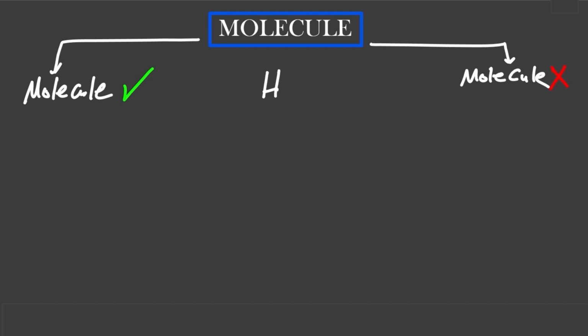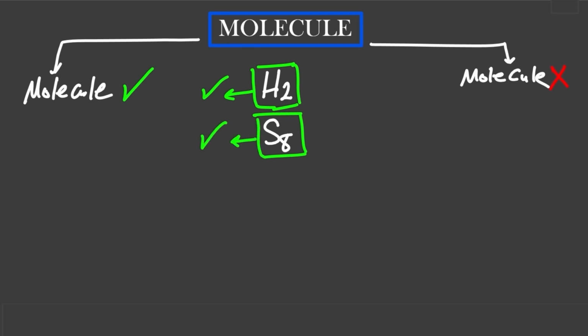So for example, hydrogen. It's composed of 2 hydrogen atoms forming a hydrogen element, right? Well, at the same time, this element is also called a molecule. Sulfur, for example, is another element that's composed of 8 atoms. Well, we mentioned that the molecules are a group of 2 or more atoms, right? A group of 2 hydrogen atoms forming a hydrogen element is also a molecule.